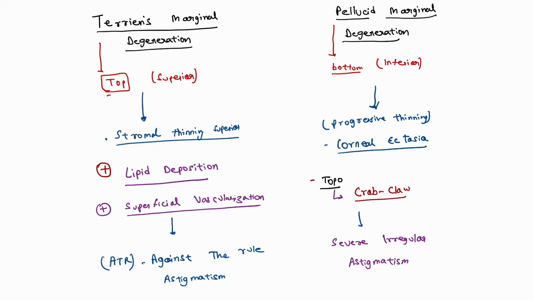There will be progressive corneal thinning with ectasia, no lipid, no vascularization, and on topography there will be a crab claw appearance. Astigmatism will be severe and irregular. The trick to remember is Terrien for top with lipid, pellucid for bottom with crab claw appearance.